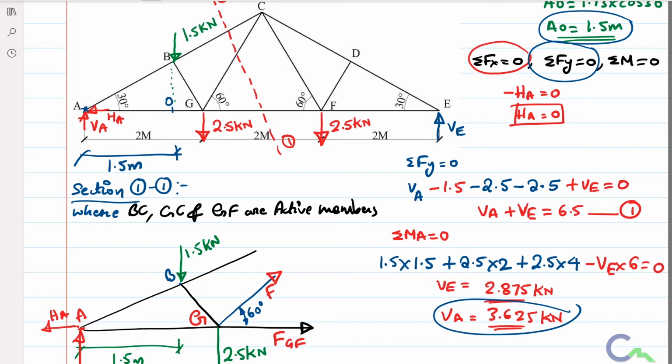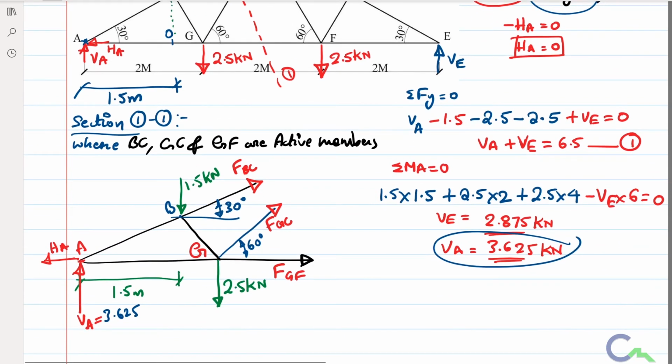It is connecting G and C, therefore it is FGC. Then I will take this as FBC. So FBC will make an angle of 30 degree with the horizontal. So this is the free body diagram. So I considered left side of section 1 1. So I want this distance, that is 2 meter.